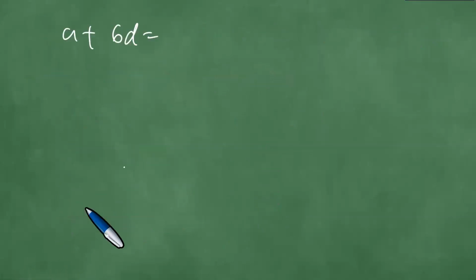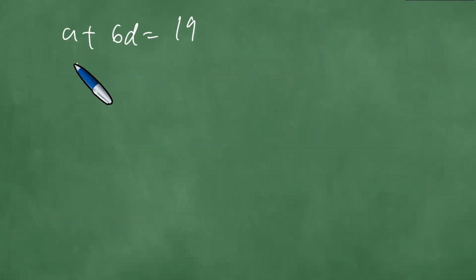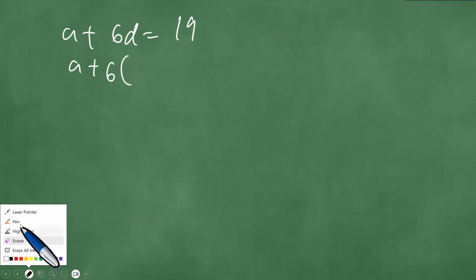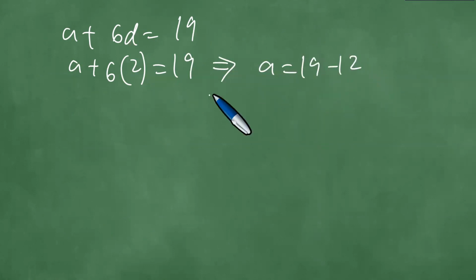So a plus 6d equals 19, and d is 2, so in place of d, you put 2. 19 minus 12, which is 7.